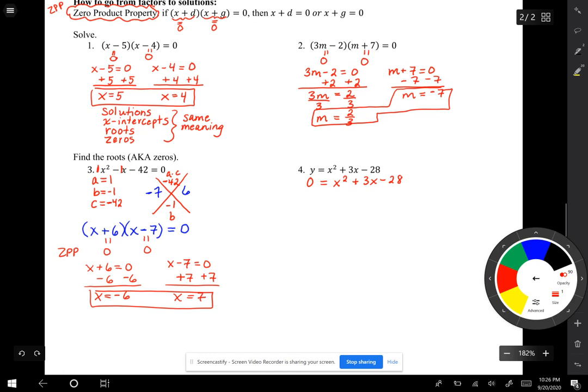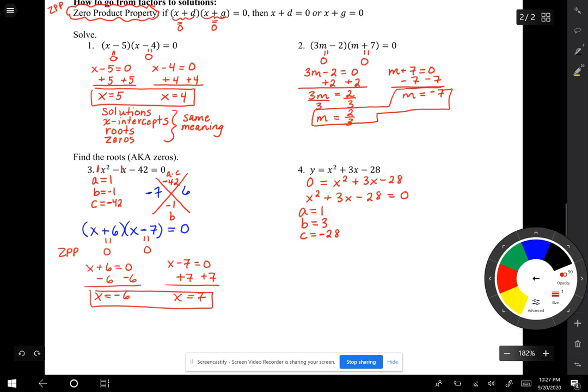And then identify A, B, and C. Or if you don't like it like that because you love to have the 0 on the right side, just rearrange. Or, just rewrite it so that 0 is on the right side. You can do that. So here, A is 1, B is 3, C is negative 28.